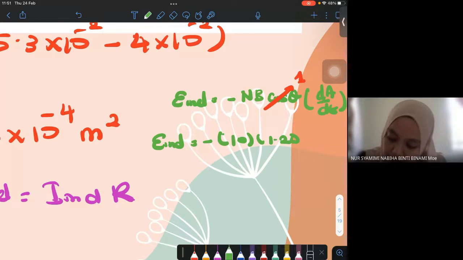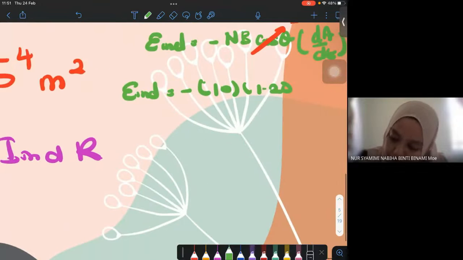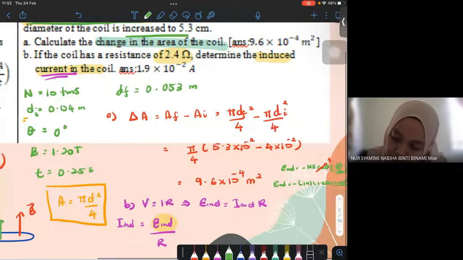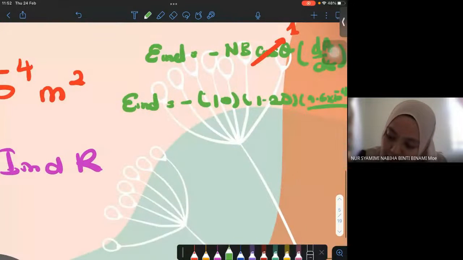So, change of area kita ada tadi 9.6 darab 10 negatif 4 divided by time ialah 0.25. So, berapa ni kita dapat E induced kat sini?